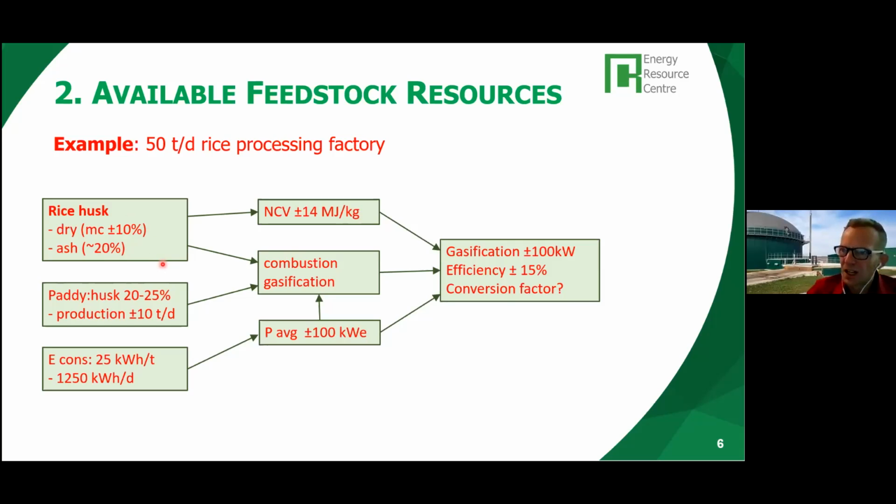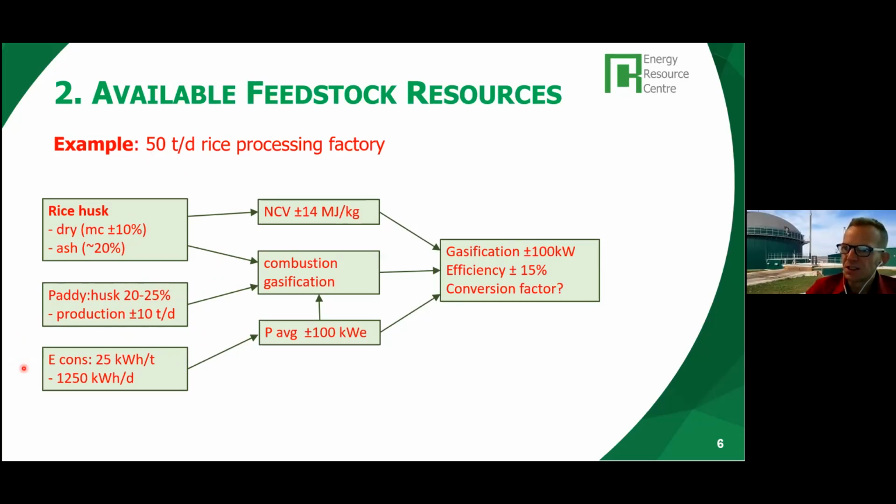It does have a high ash content of on average about 20%. It's produced in quite large quantities, about 20 to 25% of the paddy rice intake. So for 50 tons per day of rice processing, you will get roughly 10 tons per day of rice husk.